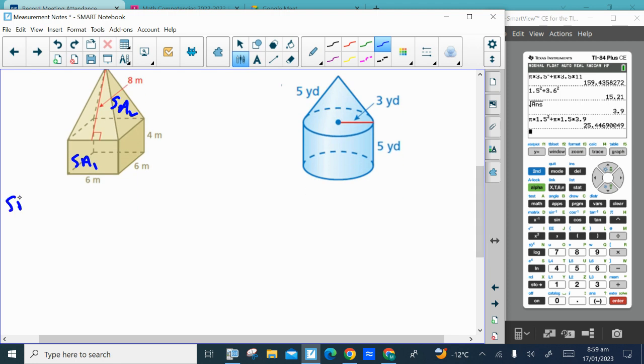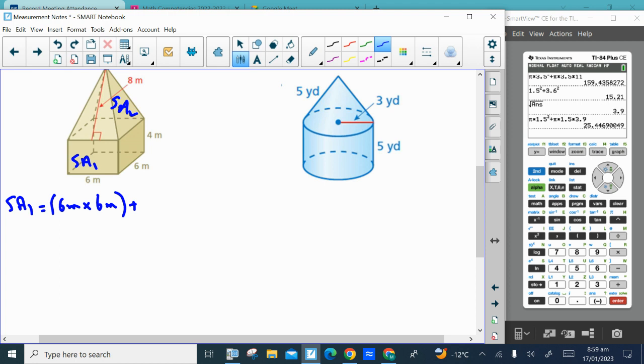For the bottom, we're going to have the very bottom of the box, which is 6 by 6, 6 meters by 6 meters. And then we've got 4 rectangular sides, and they are all equal rectangles. They're all 6 meters wide by 4 meters high, and there's 4 of them.